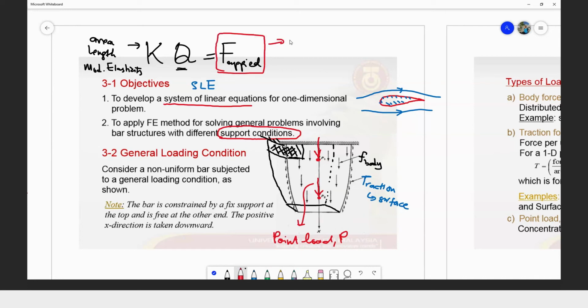So kita ada apa tadi? Body force, we have traction force, and we have point load. So this F in our system of linear equation may come from these three types of sources of loads.